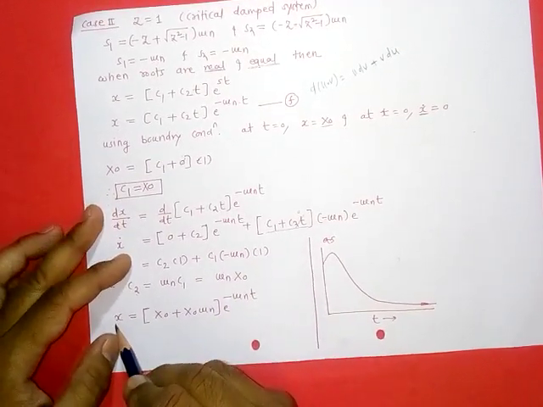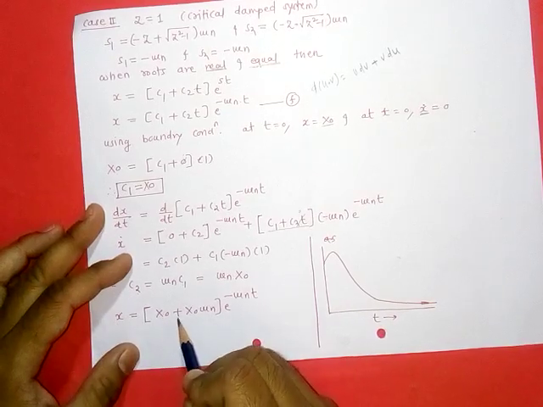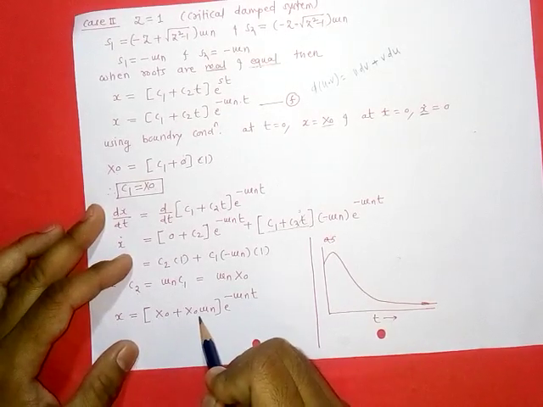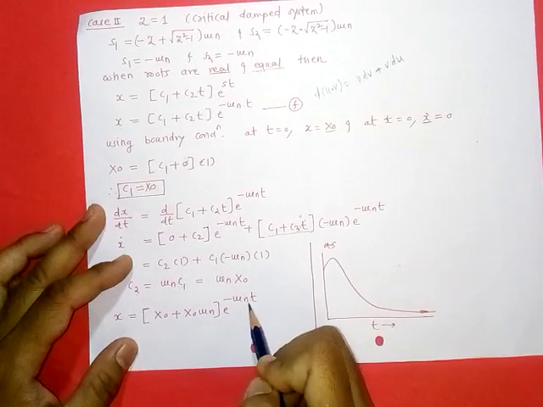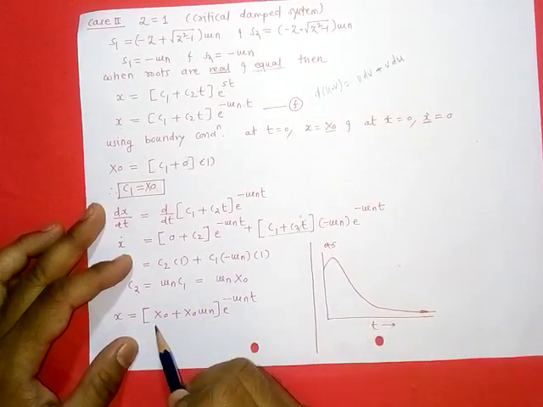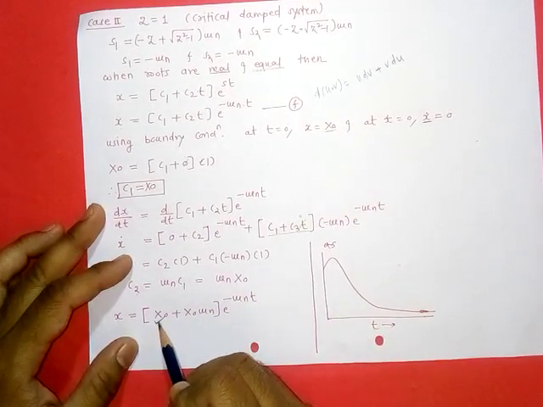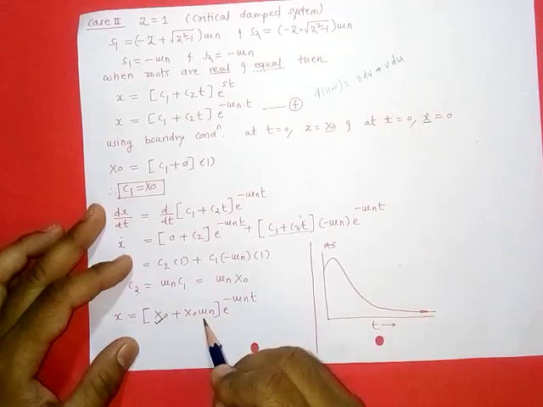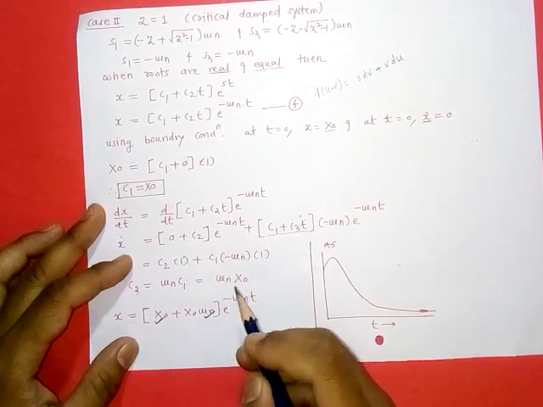So our solution becomes x is equal to (x naught plus x naught omega n t) e raised to minus omega n t.